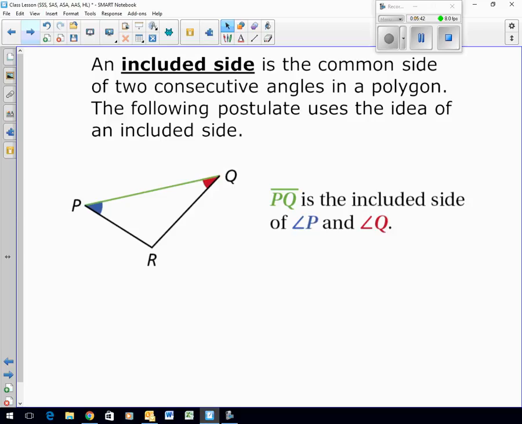But side PQ is included between angles P and Q. That side is included between those two angles. Since that side is included between those two angles, it's going to help us out whenever we get to our next theorem.